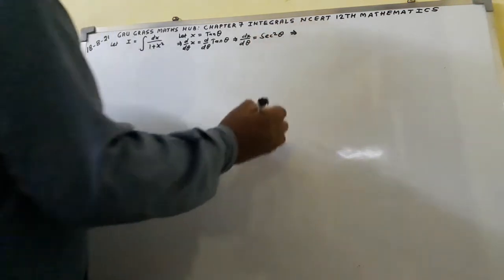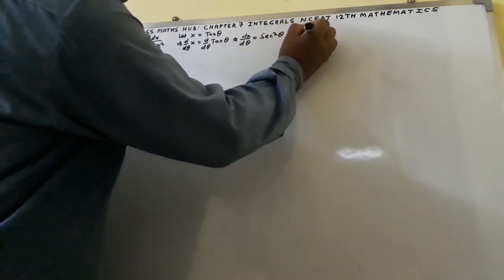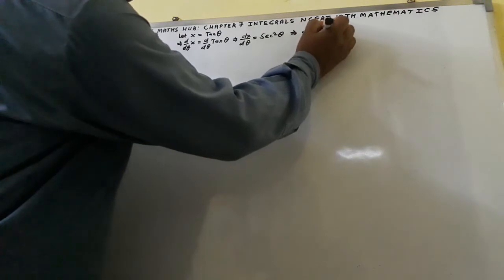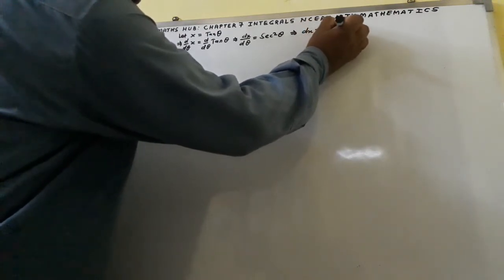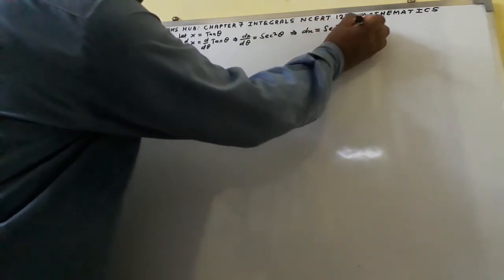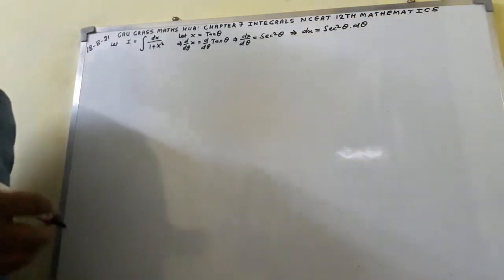Implied that we get dx equal to sec square theta dot d theta. This one you have got.